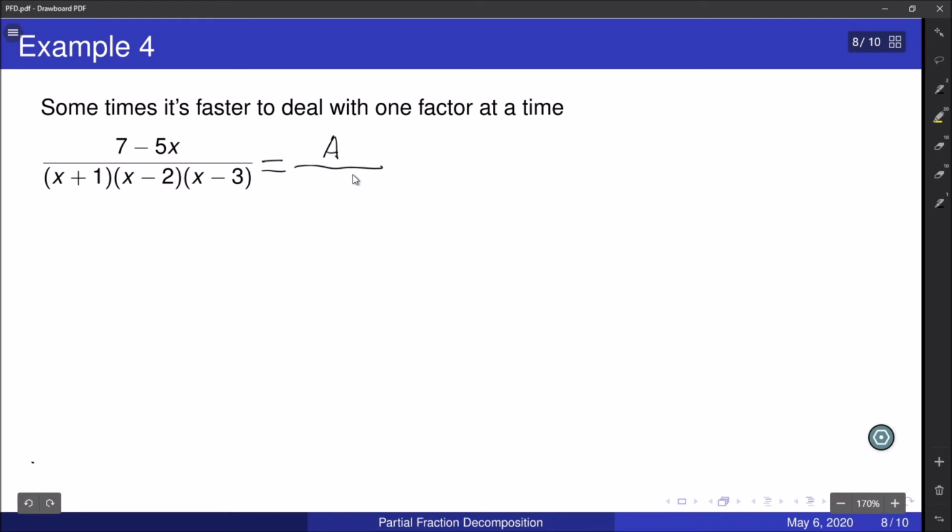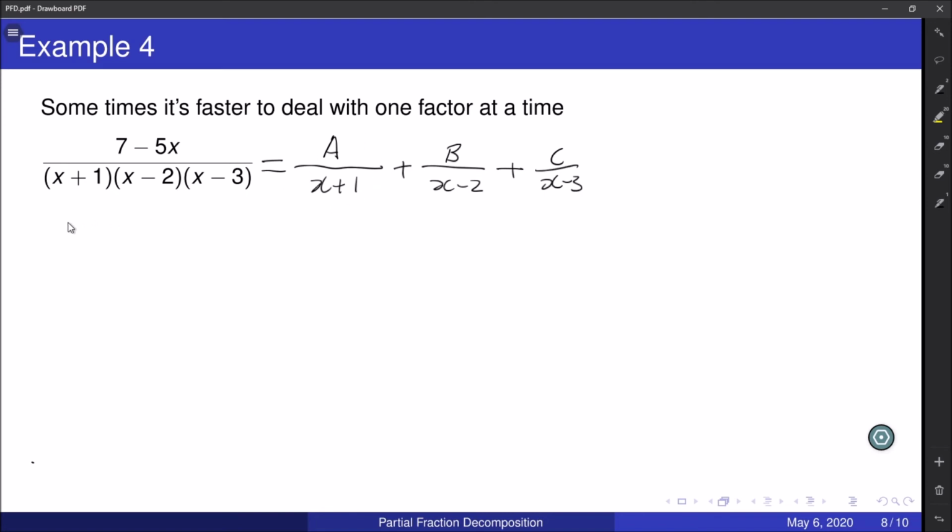So let's just break everything down. This part is going to be exactly the same as all the previous ones. Alright, so look at that. What we can do now is deal with one factor at a time. So let's only look for a.